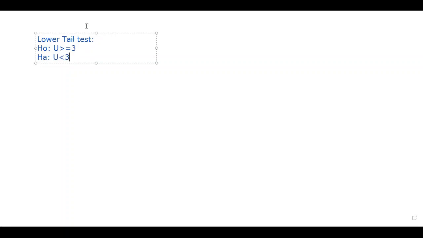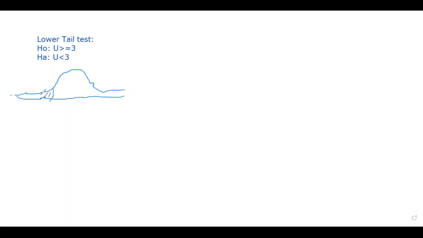For every lower tail test, your H naught has mu greater than or equal to a certain number. Your rejection region will be here.